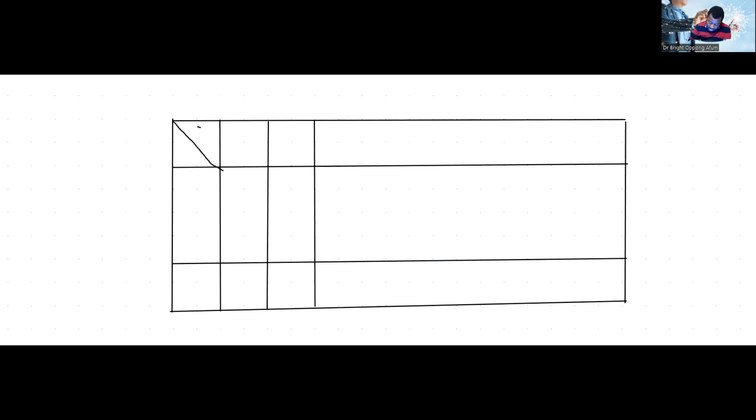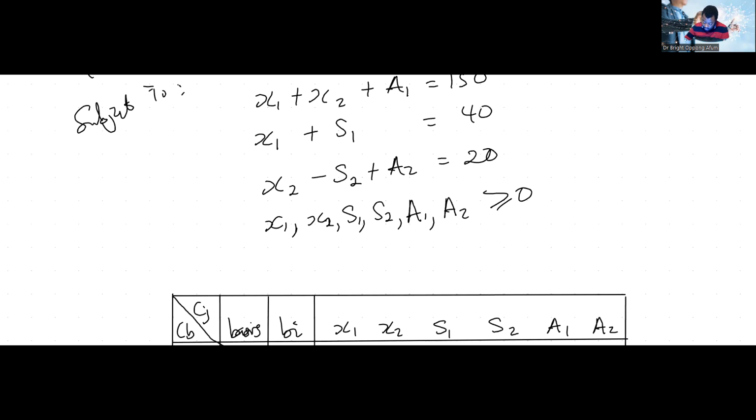I have my Cj here, my Cb here, my basis here, my Bi here. So I have x1, x2, s1, s2, a1, a2. I have x1, x2, 1, 2, 3, 4, 5, 6.